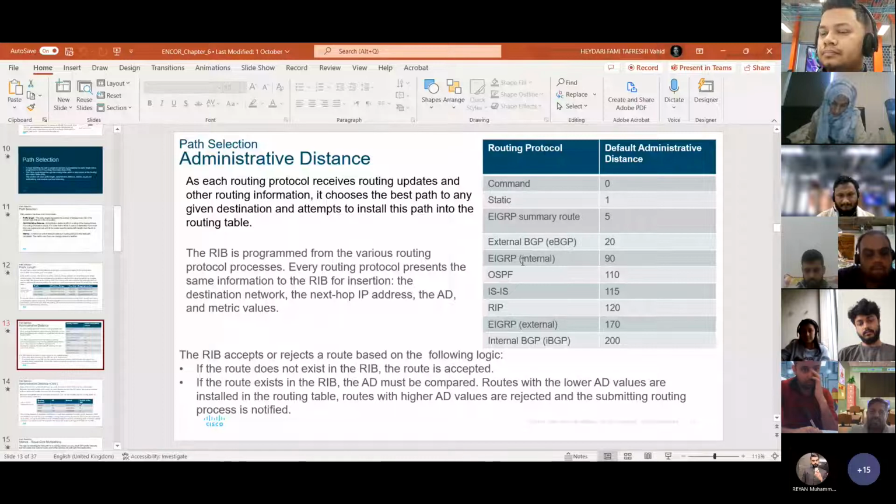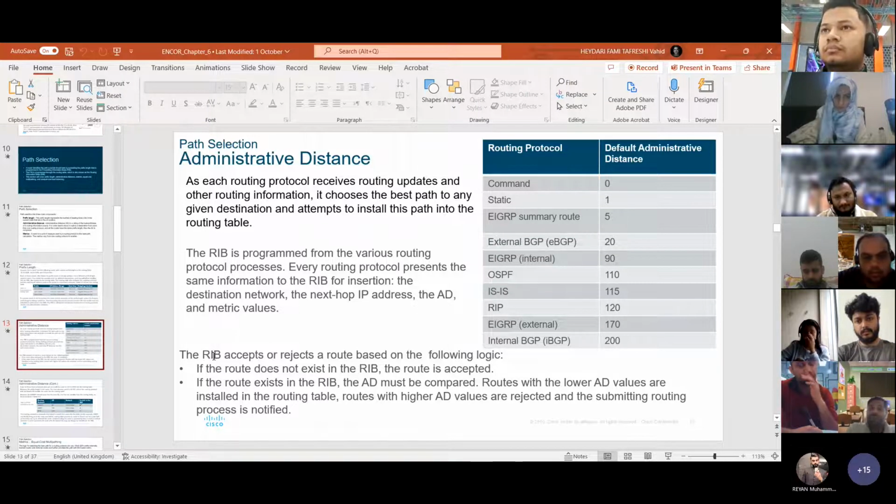When routers send routing updates to each other, regardless of the type of routing protocol that we are talking about, the one that is going to receive that information is the routing information base of the adjacent or neighboring router.